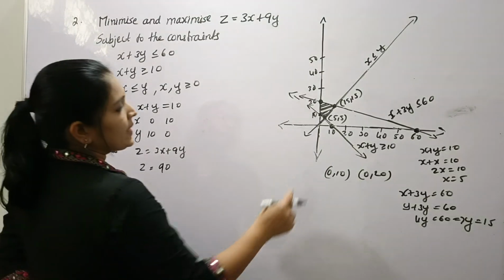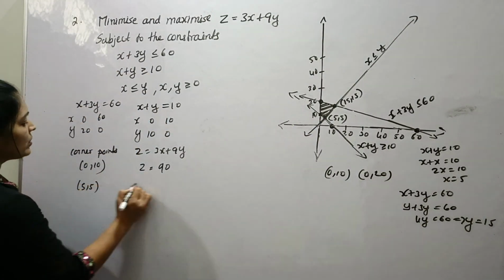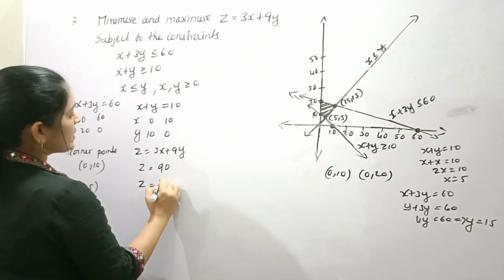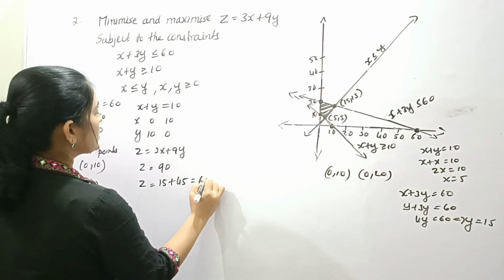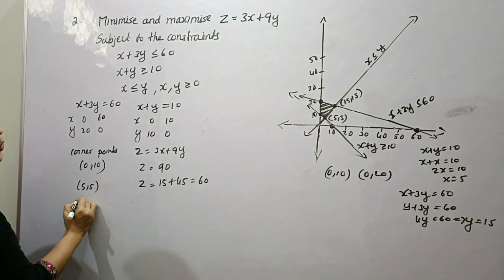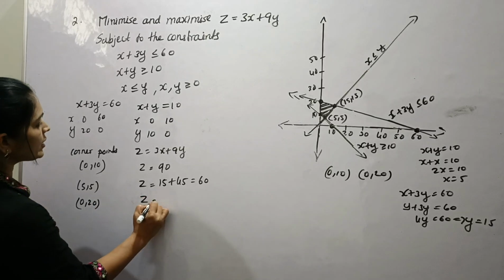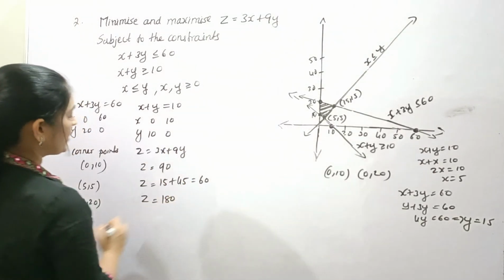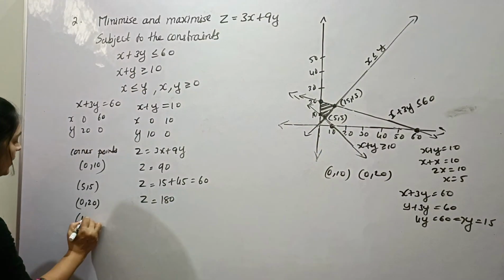Next point is 5, 5. x is equal to 5, y is equal to 5, that is 15 plus 45 is equal to 60. Next point is 0, 20. x is equal to 0, y is equal to 20, that is 180.